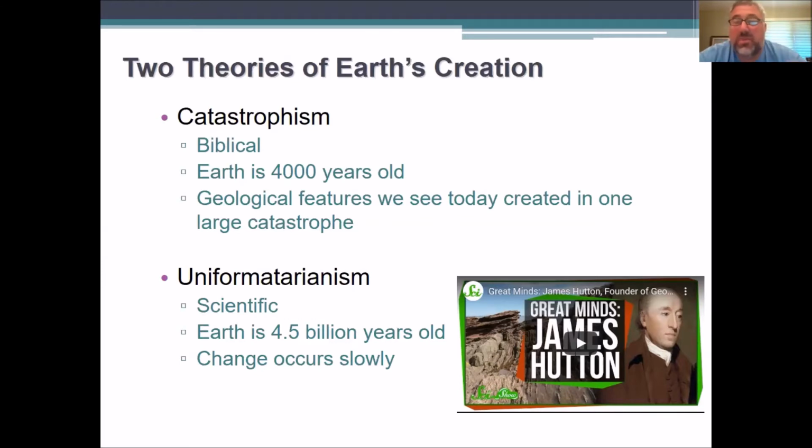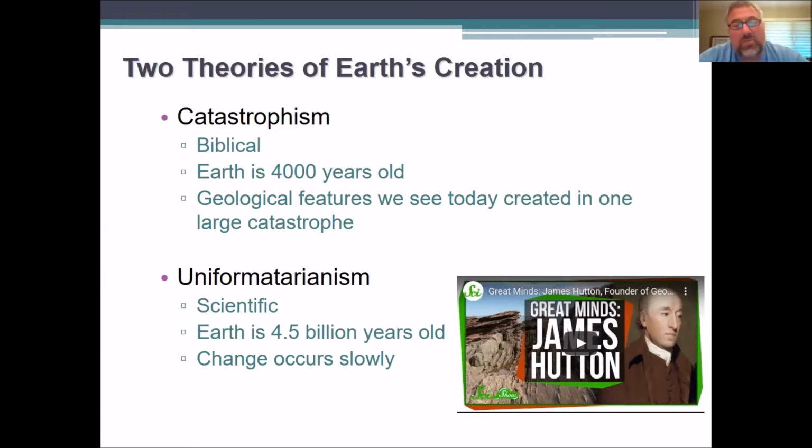Basically, it says the Earth is about 4,000 years old, that everything was created in this one huge event, and what we see today is what's been there for 4,000 years. So this is definitely one that really looks at the Earth from a religious or biblical point of view.